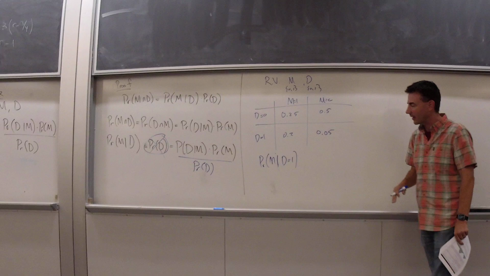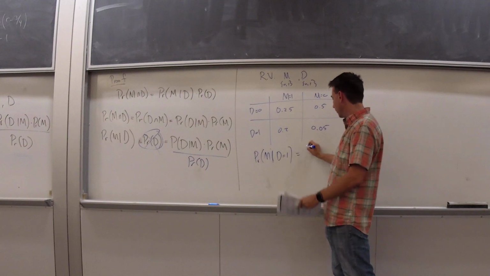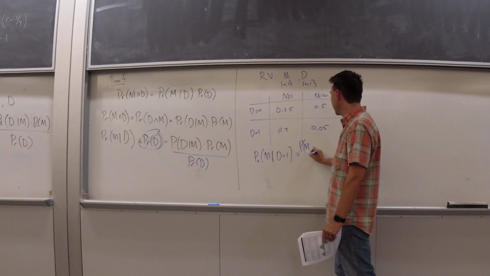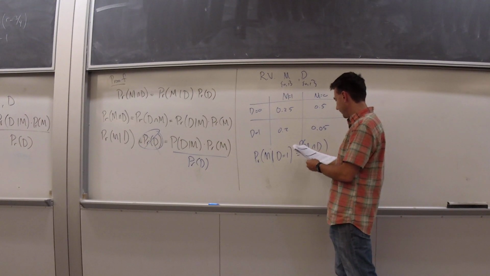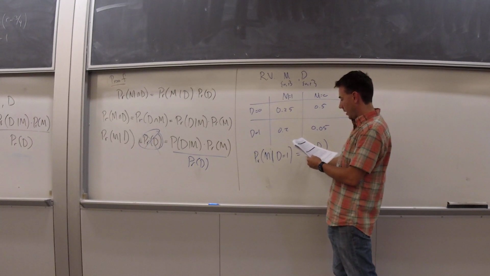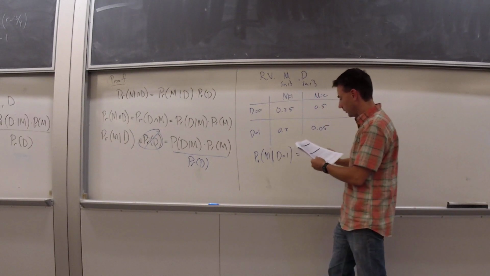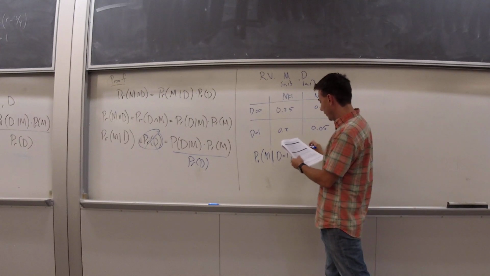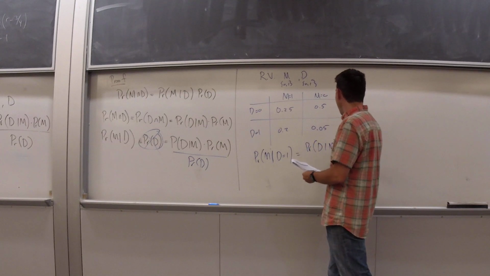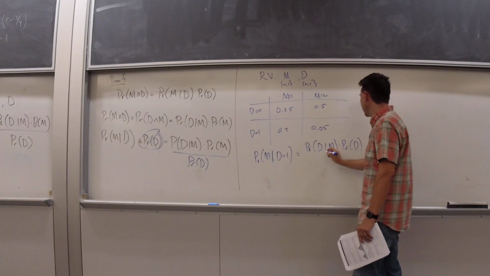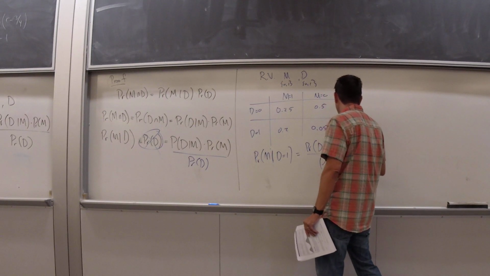Sorry, I meant to say that before. This should be equal to the probability of D given M times the probability of M, divided by the probability that D was true.